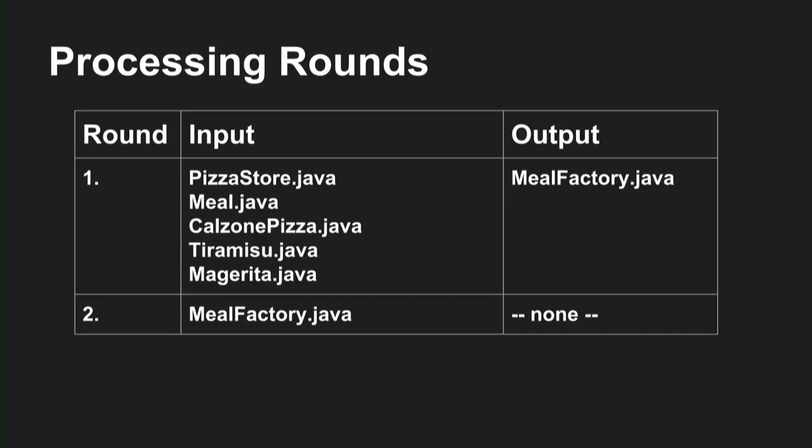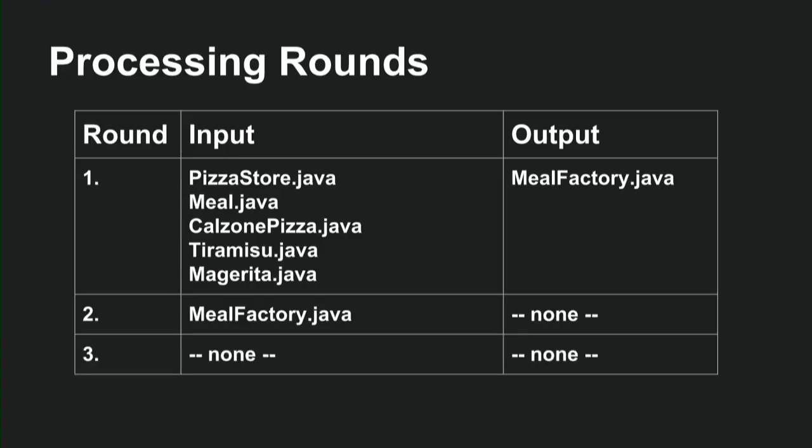So we have to scan the MealFactory again for addFactory annotations. But there is none. And so we start the third and last round, where there's also no input, no output, so we are done. But what about the problem? Why does this exception happen?